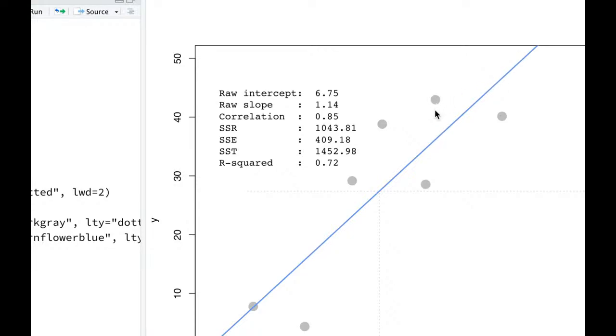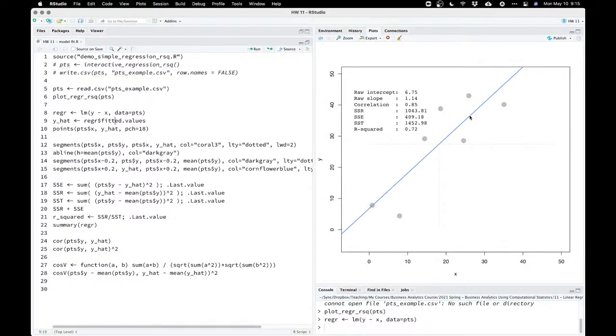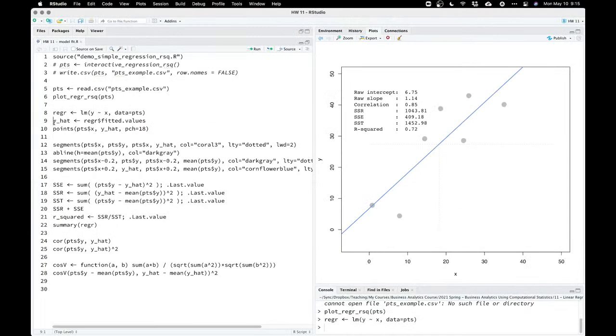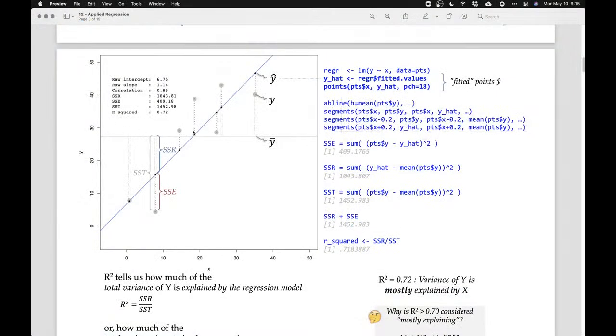This point here, the regression line thinks it should be down here somewhere. We can ask the regression object where R thinks the fitted value should be, by capturing the regression object and asking it for the fitted values. I'm going to call those fitted values Y hat.